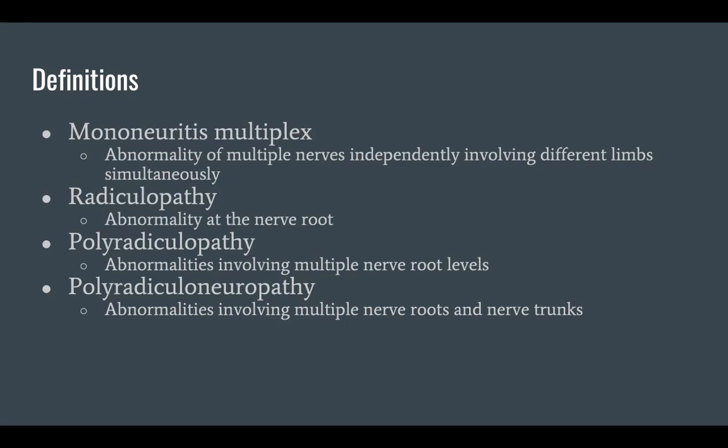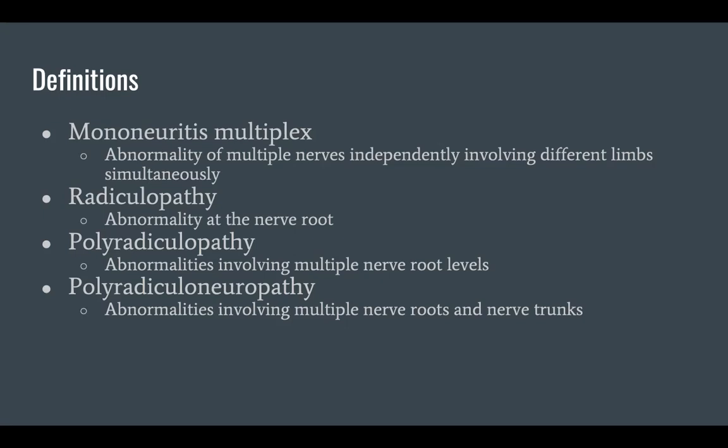Radiculopathy is abnormality at the nerve root. Sometimes patients will have back pain or sciatica with radiculopathy. You'll hear physicians say that. So know that it's at the nerve root, so in the back. Polyradiculopathy is going to be multiple nerve root levels, like L5-S1.